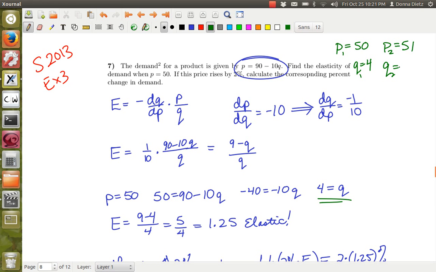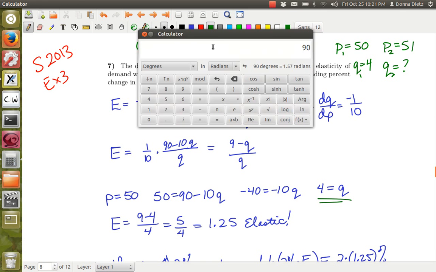So what is the new Q going to be? Q2 is what? Just plug it back into the formula. If P is 51, 90 minus 10 times Q equals 51. I'm going to subtract 51 from each side, and I'm going to get, shoot, 90 minus 51.